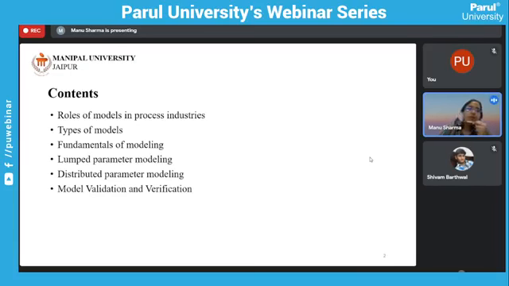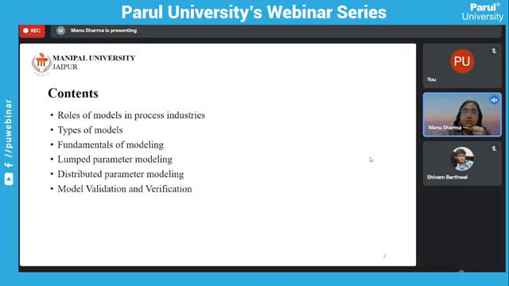So first of all, these are the contents where we will be discussing the role of a chemical engineer in process industry. What is the relevance of modeling and simulation in a chemical industry? Then what are the different types of models available? How to select those models, depending on the type of equations and the type of mathematical model that we generate for the given process?